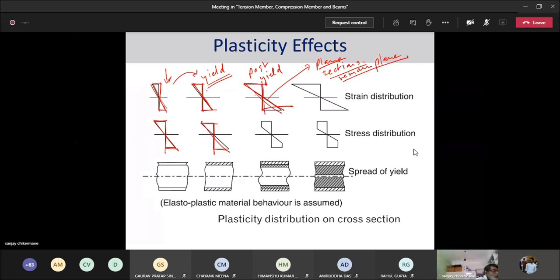So your strain is always going to be a straight line diagram, but stress now starts becoming a trapezium, where this is the yield strain value, and that corresponds to your yield stress. Beyond the yield stress, you get a rectangular feature. As you increase it more and more, this trapezium keeps increasing in size until eventually, at some point, you will end up getting a rectangular stress block where the entire cross section is in yield. Is this making sense?